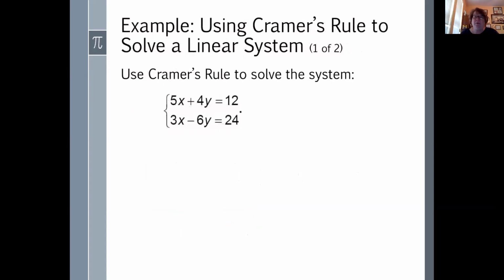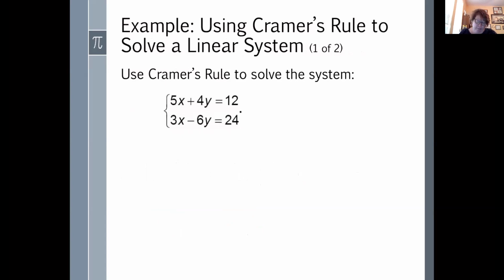All right, let's use Cramer's rule to solve a system of equations with two variables and two equations. So I need to determine three determinants. The first determinant I need to find is the determinant of the matrix formed by the coefficients on my x's and y's.